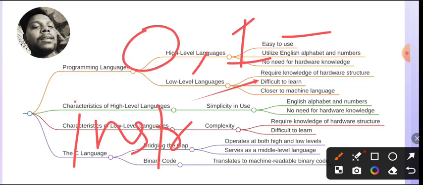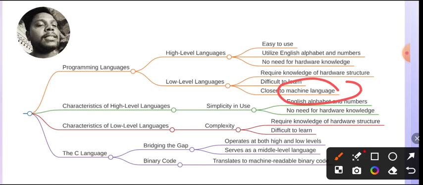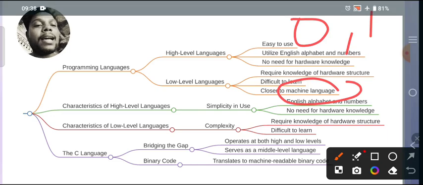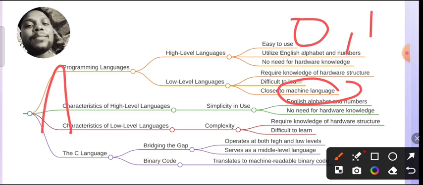So there is a lot of tough things to understand in 0 and 1 combinations. So low level language may be machine language or it may be closer to machine language. What is the meaning of may and may not? Machine language only consists of 0 and 1, but sometimes we create a kind of language which is just near 0 and 1, just like assembly language.